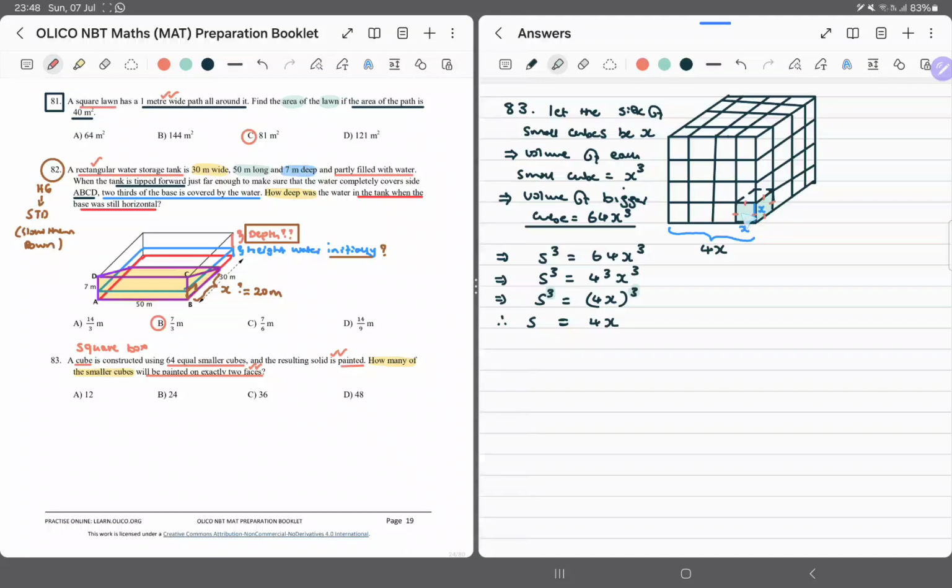It's this face on the side, the front, and at the bottom. It's going to get painted on three faces, and this applies to all of these ones at the corners, right? So these kinds of cubes get painted on three faces, basically.